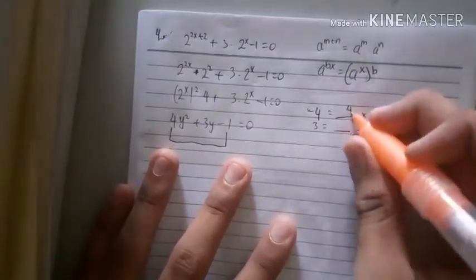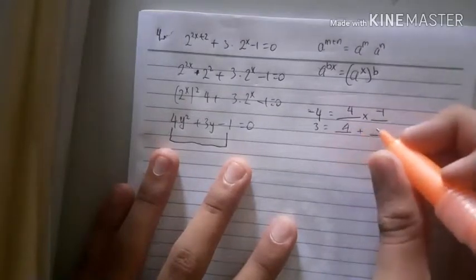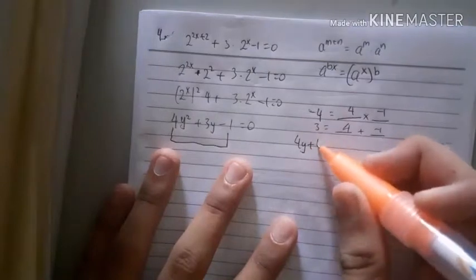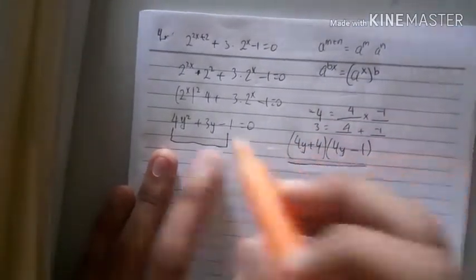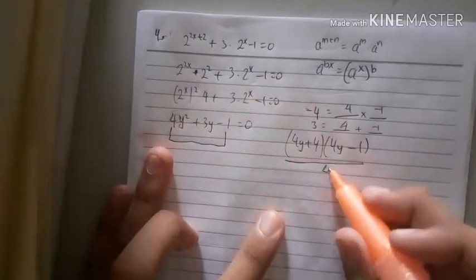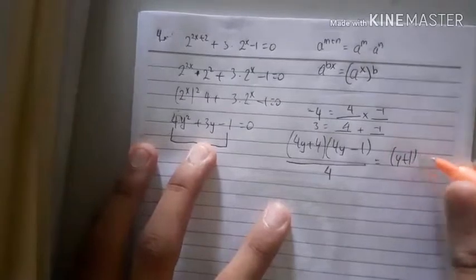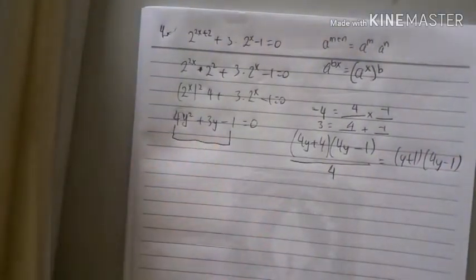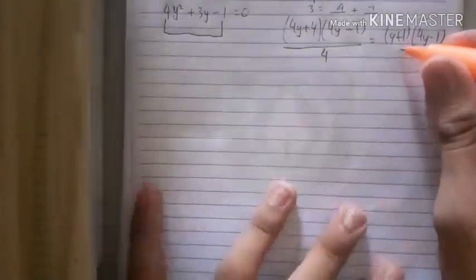The answer is 4 and minus 1: 4 times minus 1 is minus 4, and 4 plus minus 1 is 3. So we get (4y plus 4)(4y minus 1) divided by the coefficient of the squared variable, so that is (y plus 1)(4y minus 1). And now you can solve this quadratic equation to find the values.